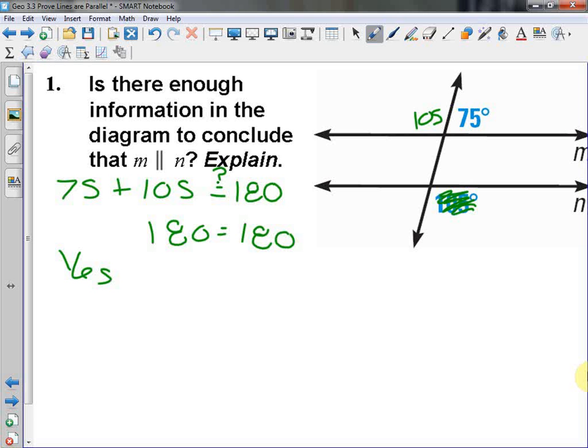Jose? Well, since you took away the 105, you don't know if they're parallel. You know that one is 180, but you can't know the other one's 180 because you don't have any measurements, because they couldn't be parallel.